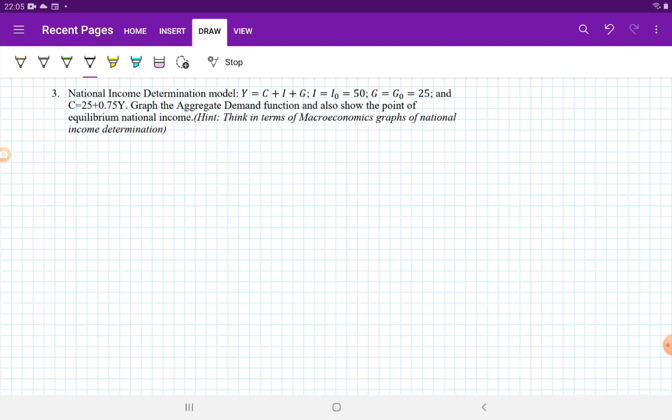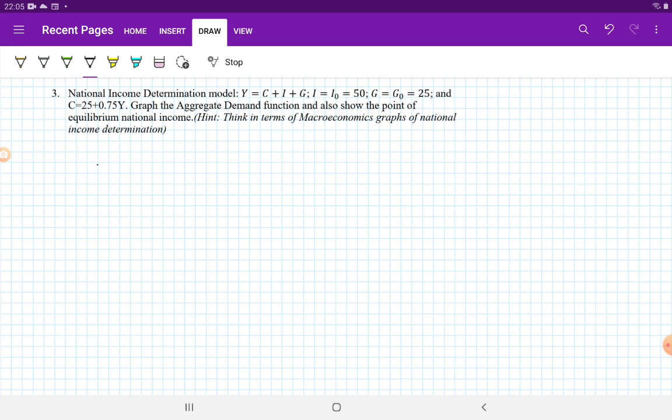Your G, government expenditure, is also autonomous, hence represented by G naught, which is 25 units. Your consumption function is 25 plus 0.75Y, where Y is your national income. So here, this consumption function is additional information. It was missing in the original assignment that I had uploaded in Moodle. So please do make this necessary correction.